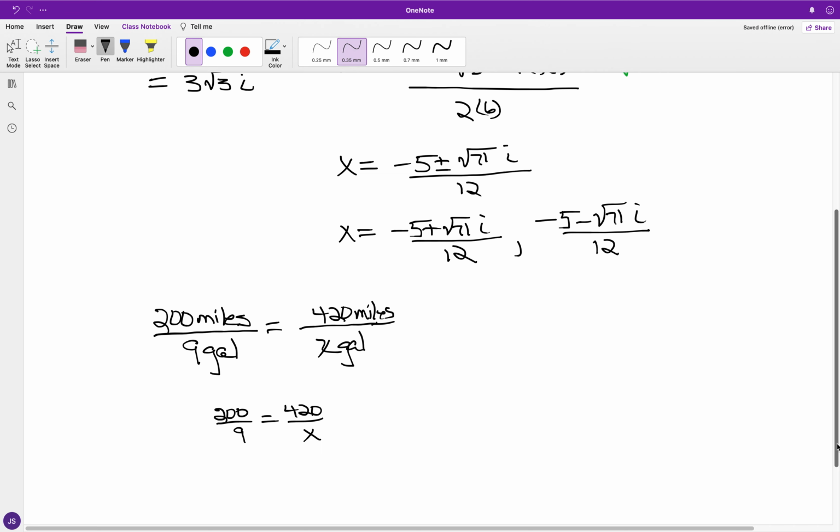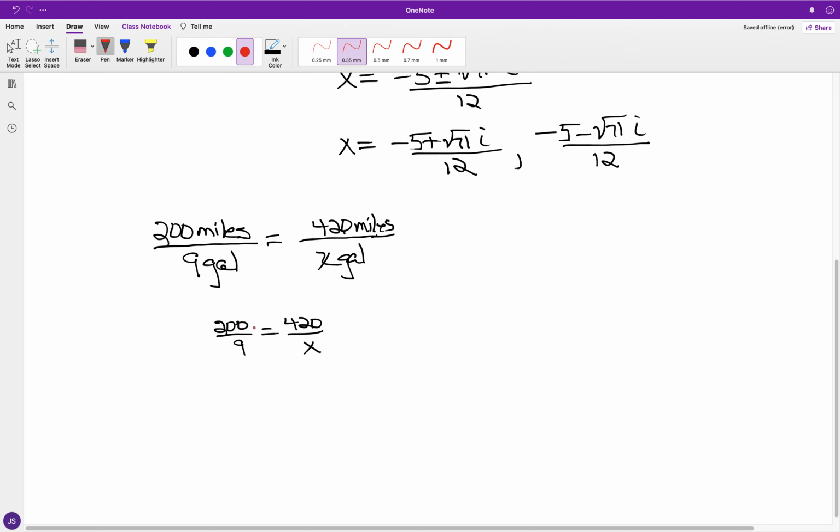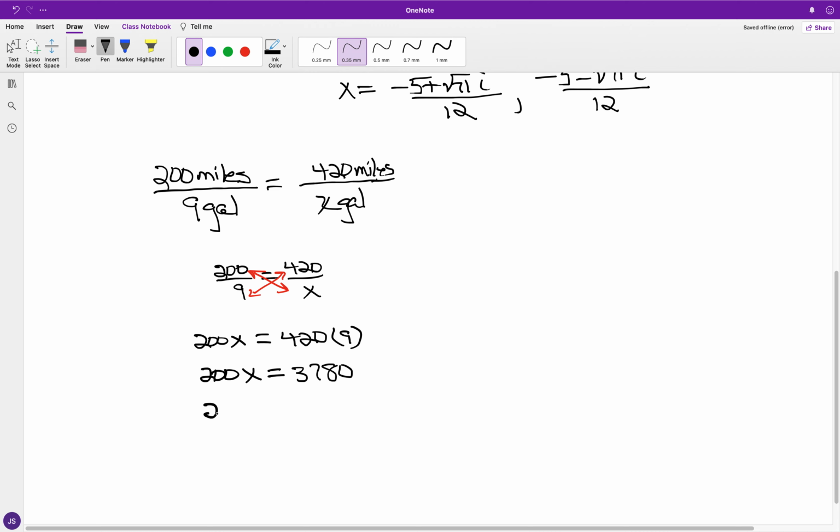If I apply proportional cross products, we're going to have 200 multiplied by x is equal to 420 times 9. So we have 200x is equal to 420 times 9, which ends up at 3780. And looking at division by 200.